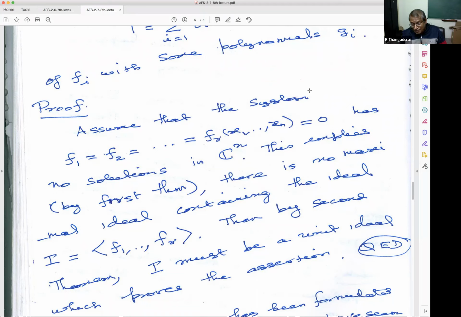The probability is one that it is irreducible over whatever field you consider, say over Q. Likewise, if you randomly choose two different polynomials in n variables, it is not necessary that they have a common solution.